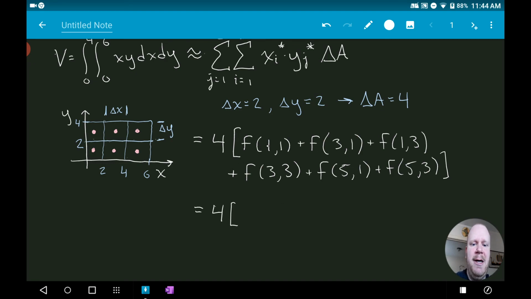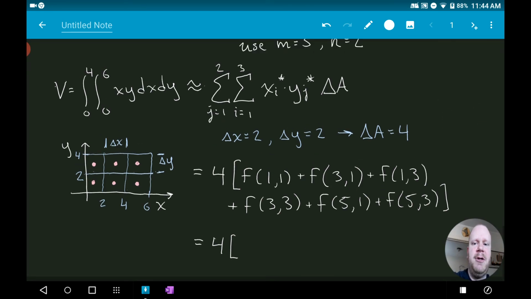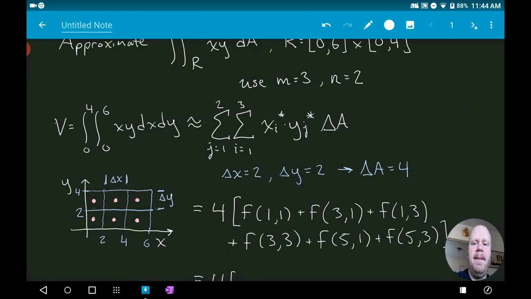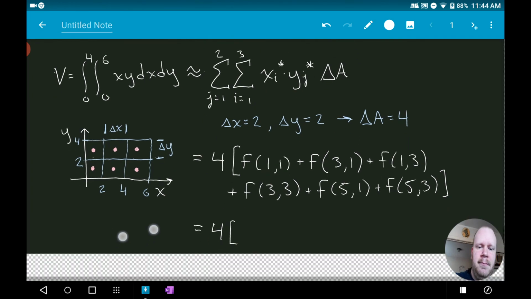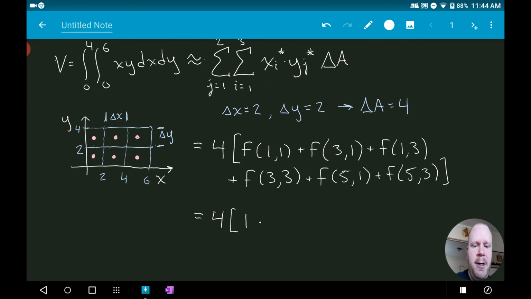This is going to be 4 times, so f of 1 and 1. Remember, our function here is just going to be x times y. So 1 times 1 is 1. So on and so forth.